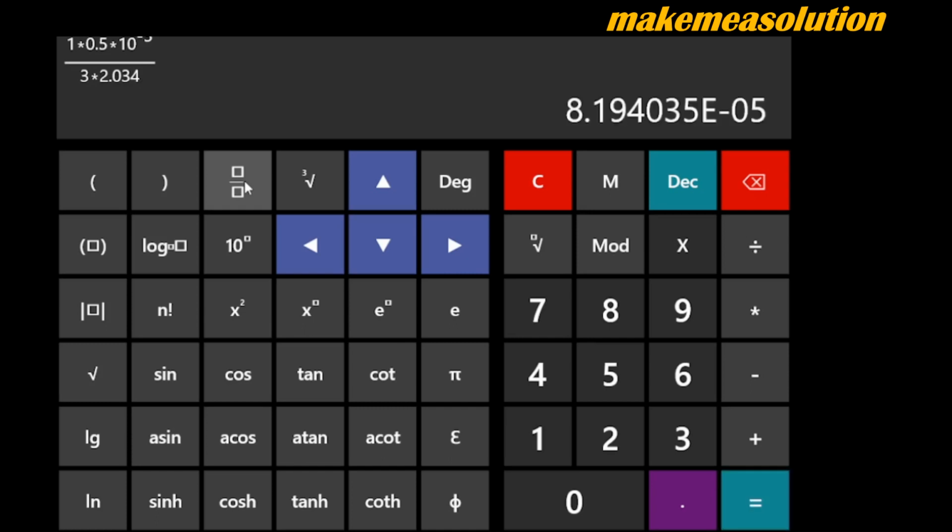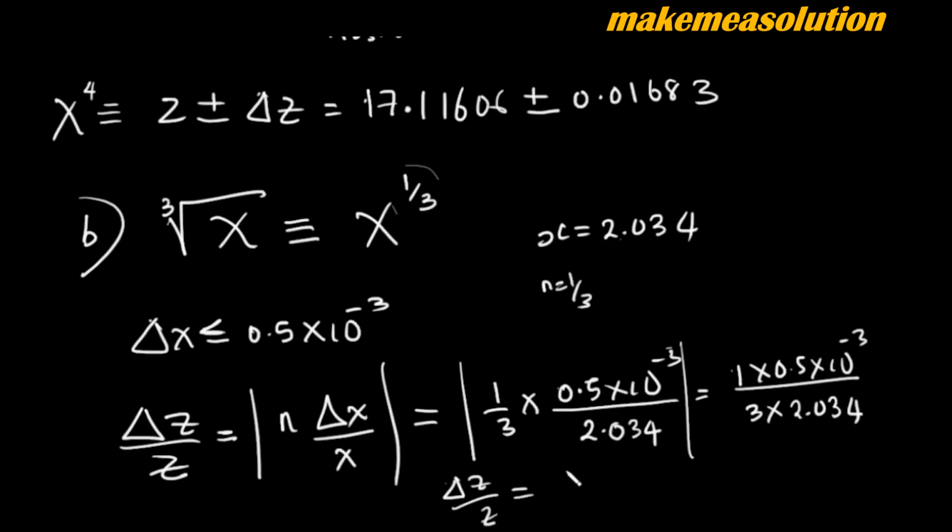So I have 8.194035 times 10 to the power of minus 5. So this is the relative error involved in this particular calculation.